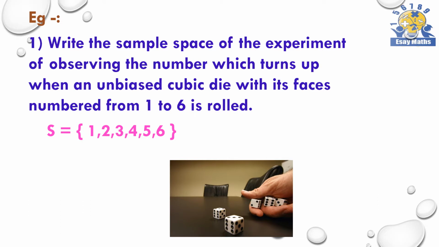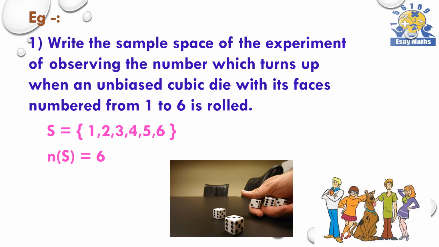So the possible outcomes are 1, 2, 3, 4, 5 and 6. So capital S is equal to the set with the elements 1, 2, 3, 4, 5 and 6. You should write all the possible outcomes within a pair of curly brackets by putting a comma sign to separate the elements.